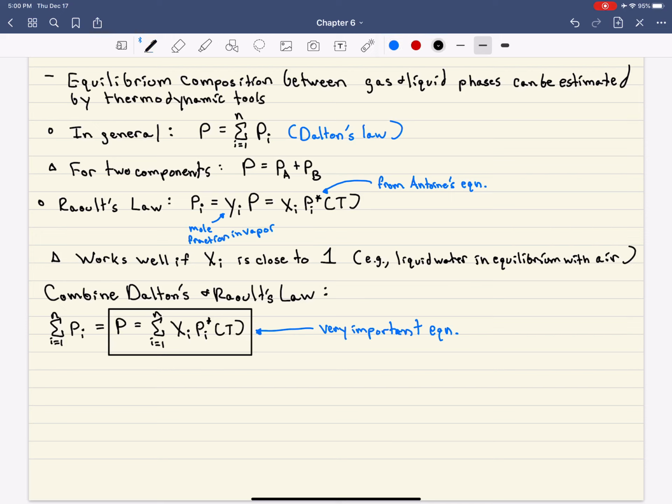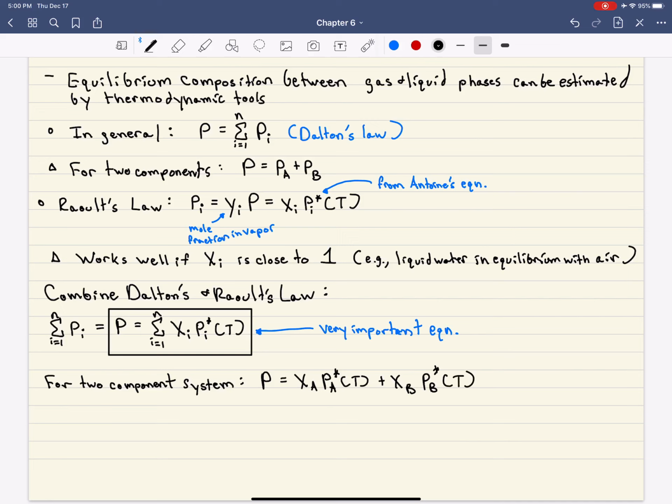Just to give you an idea of what this would look like mathematically, if we consider a two-component system, what this would mean is that the total pressure in our system is equal to the mole fraction of species A in the liquid times its vapor pressure at some temperature plus the mole fraction of species B times its vapor pressure.